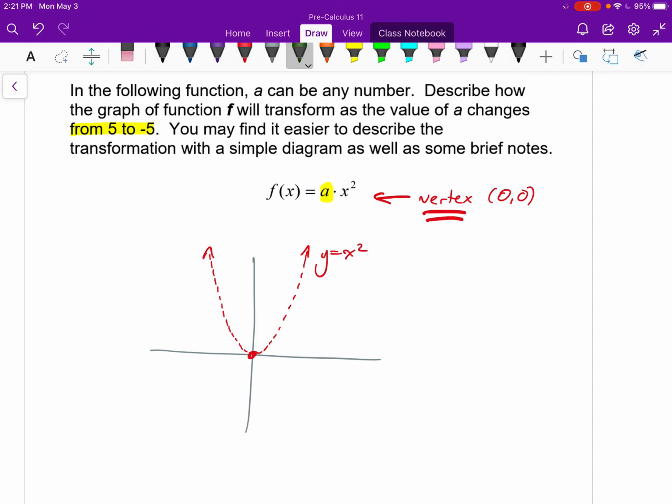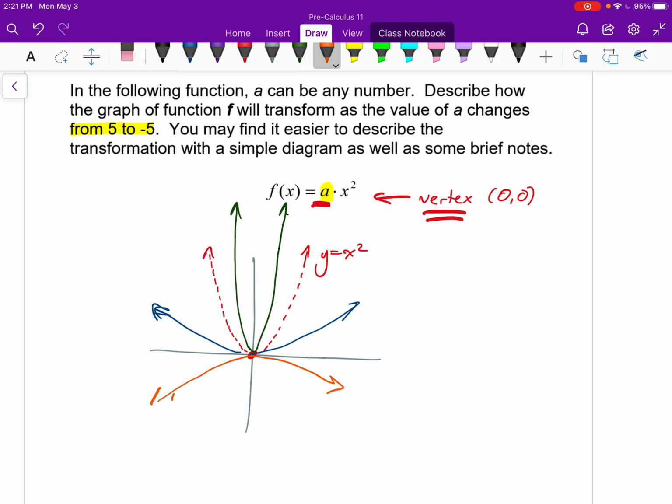But what if a is going 1, 2, 3, 4, 5? Well, I know the bigger a gets, the more it gets stretched. So it's going to keep getting stretched more and more this way. And when a gets closer to 0, it gets compressed kind of this way. When a is into the negatives, it's also reflected upside down.